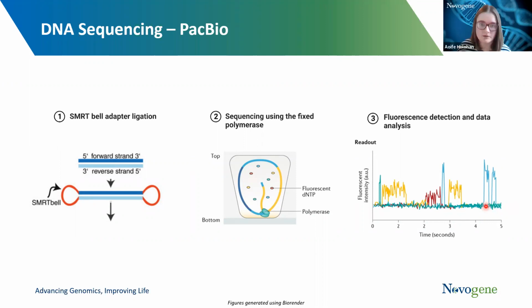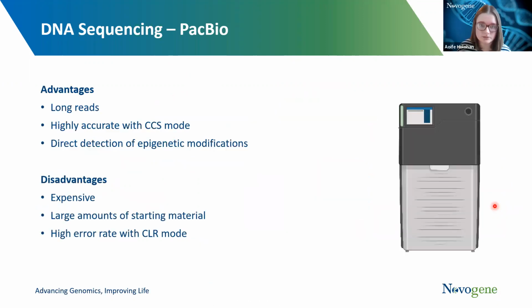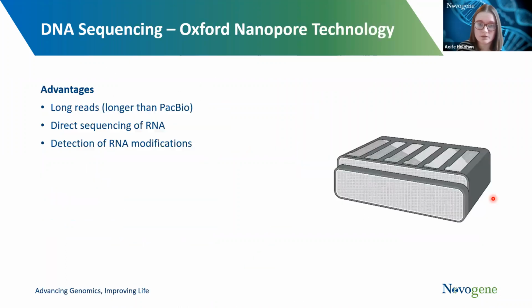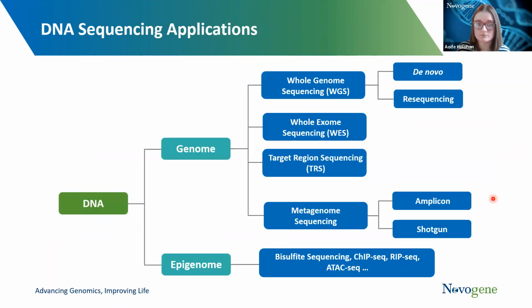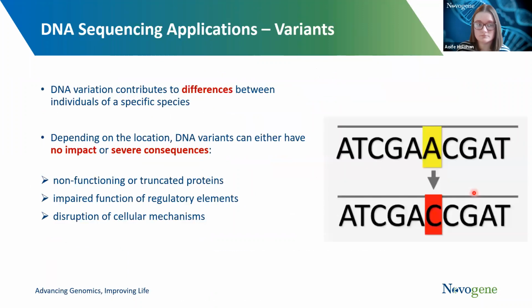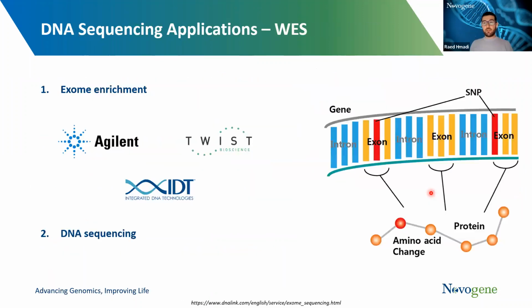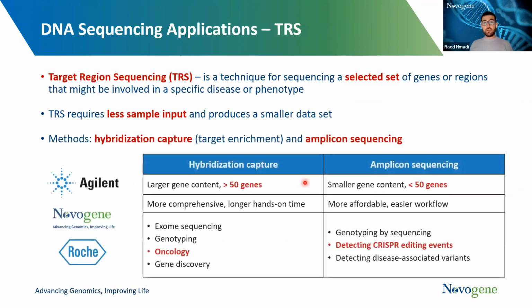Okay, great, thank you. Next is a question from Rosa, asking how are target genes selected in TRS and what are the advantages of this compared to Sanger sequencing? Yeah, so with target region sequencing, you can either already determine a set of genes that you think are relevant for a specific disease or a specific phenotype.